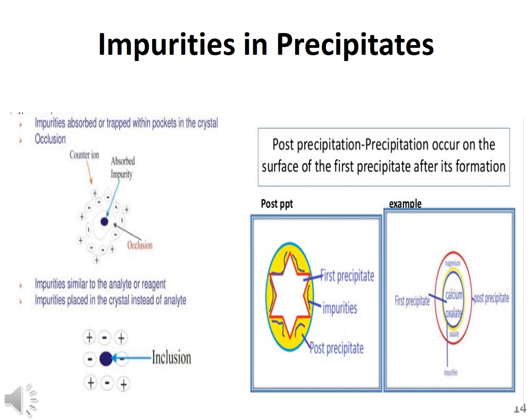The second, inclusion, occurs when the contaminant molecule has the same charge and size as the carrier, so it occupies a site in the crystal lattice. And for post-precipitation, you can see in the yellow circle, the white is the first precipitate, and there are some impurities deposited on the precipitate of the targeted analyte.